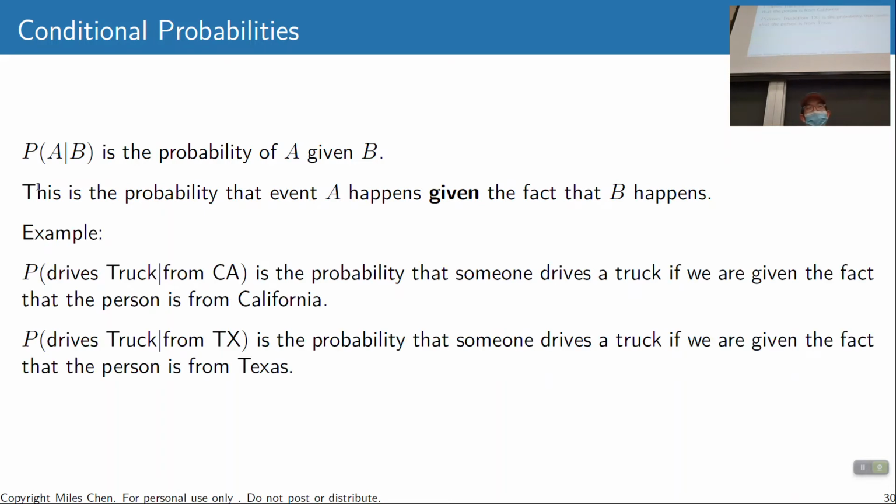So here, a silly example that plays off of maybe stereotypes of Californians and Texans, okay? So the question is, who drives a pickup truck? So you've got the probability that someone drives a truck given from California.